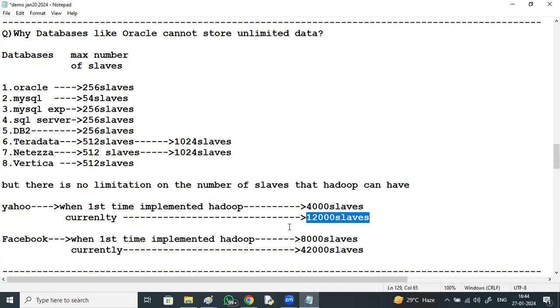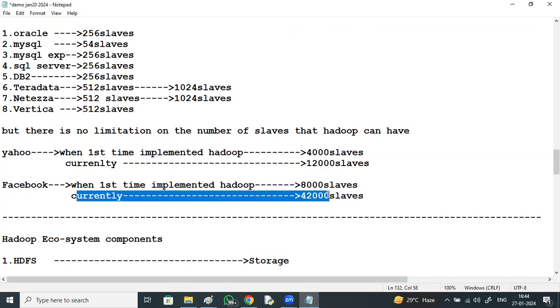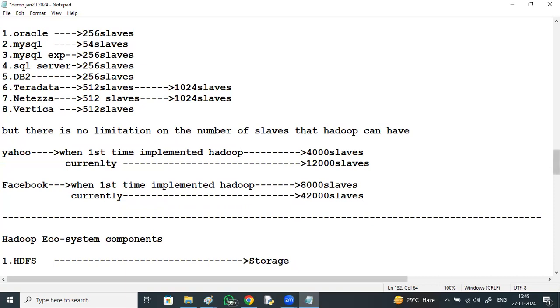When Facebook first implemented Hadoop, it went with 8,000 slaves. Currently Facebook is going with 42,000 slaves. This means there is no limit on the number of slaves that Hadoop can have, right?